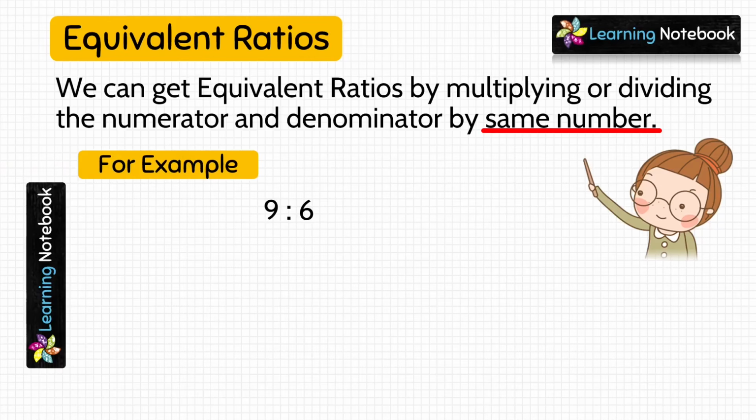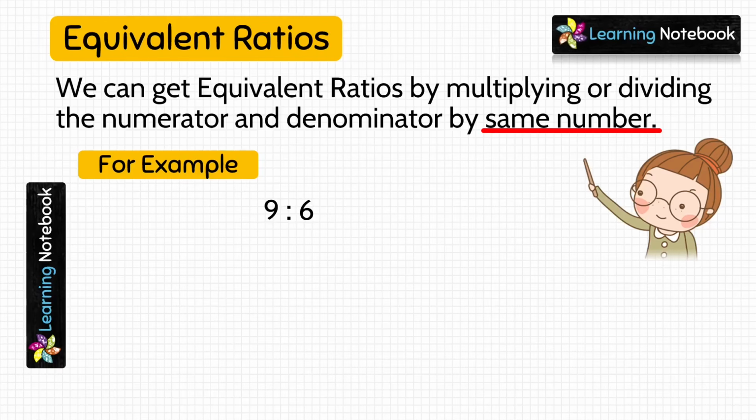Suppose we have to find two equivalent ratios of 9:6. Now, as I just told you, we can find equivalent ratios either by multiplying or by dividing the numerator and denominator by same number. So here, let's first find one of the equivalent ratio by multiplying and other equivalent ratio by dividing.